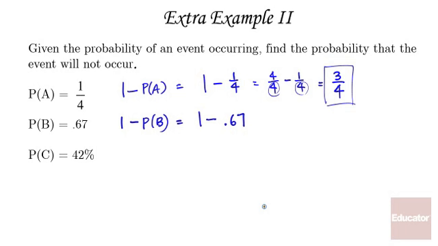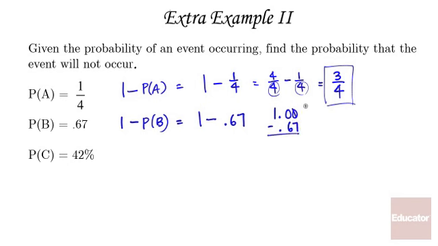So to subtract decimals, we do 1.00, and I'm just turning this 1 into 1.00, because when you subtract decimals, you have to line up the decimal points. So it's going to be 1.00, and I added zeros because they're at the end of a number behind the decimal point, minus 0.67.